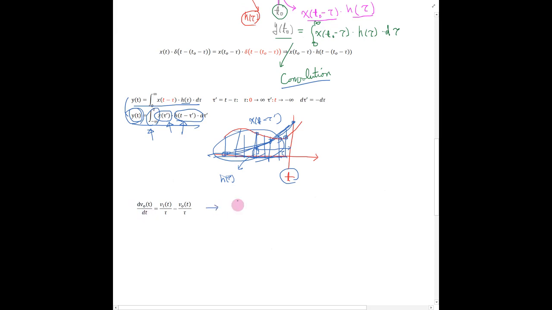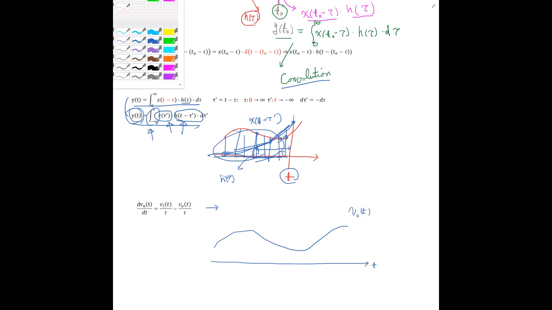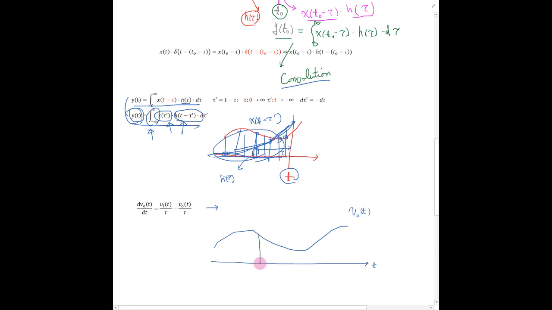I would like to make it discrete. To discretize it, this is the time axis, and the output signal pattern is given this way. For example, this one is the output vo(t). Then I can sample it. This one is t equals 0, so this is vo(0). The next sample is taken at Ts, and the output will be vo(Ts).